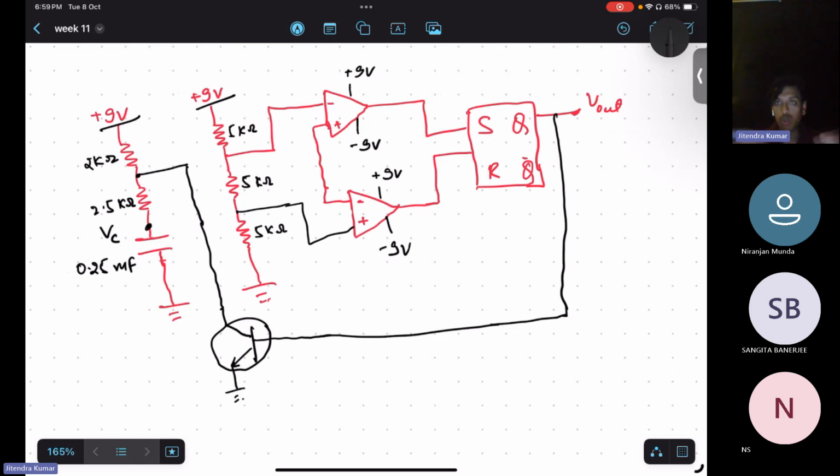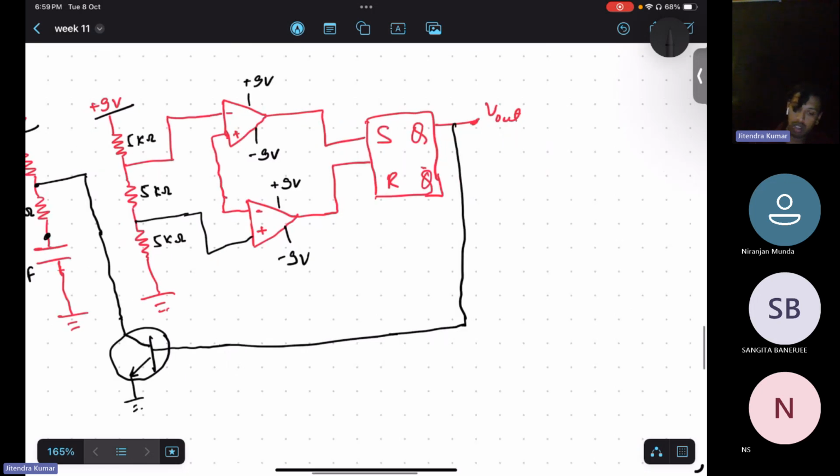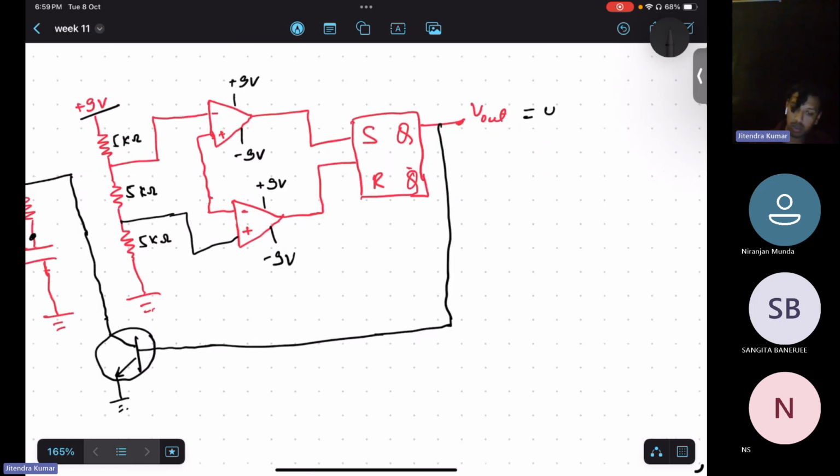So we have to proceed with one assumption. Let us assume that output is low, or 0, which means R is equal to 1.